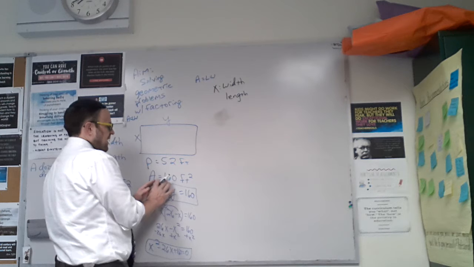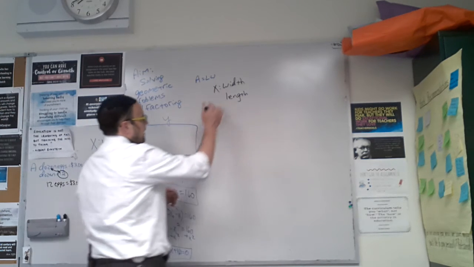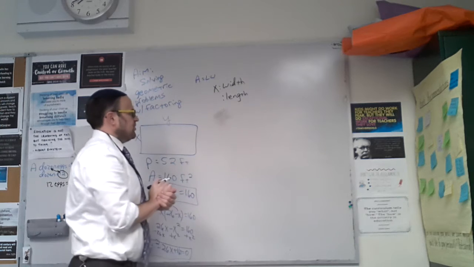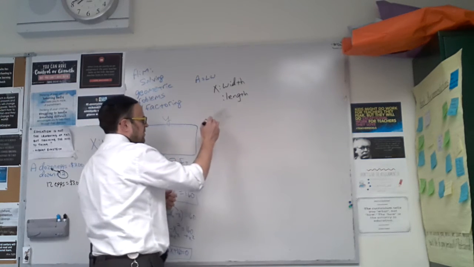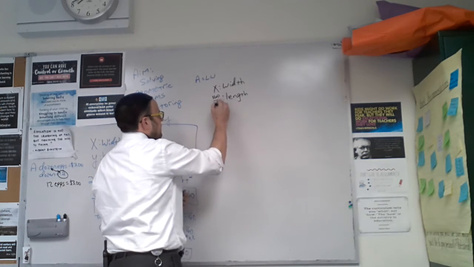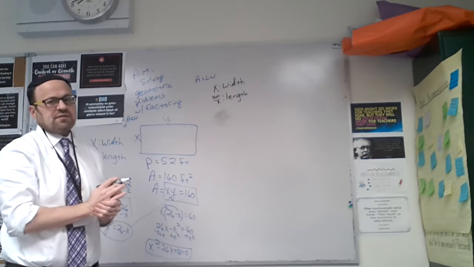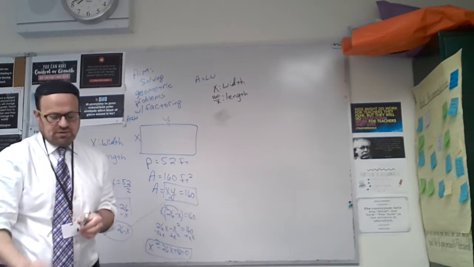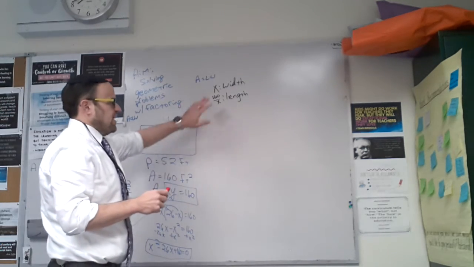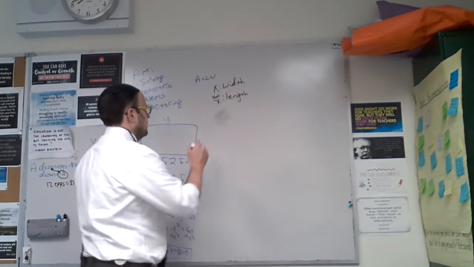But you might say, okay, I know that width times length is 160. So if this is x, the length is going to be 160 over x.